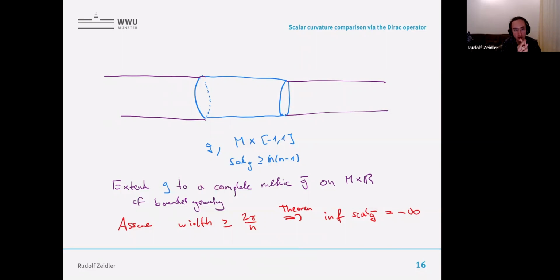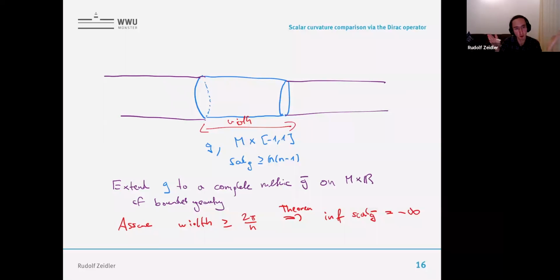So I just cannot have that this width here is 2 pi over n or larger, because then, no matter how I continue, the theorem would tell me that the infimum of the scalar curvature must be minus infinity.